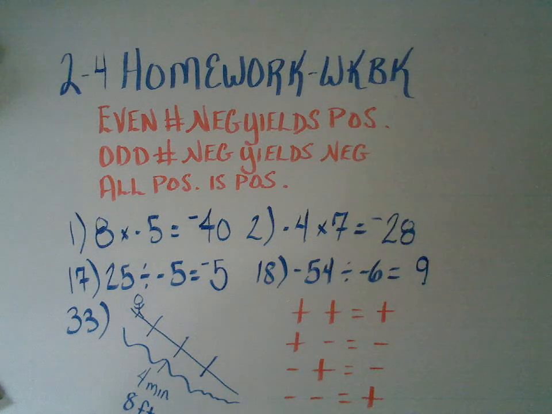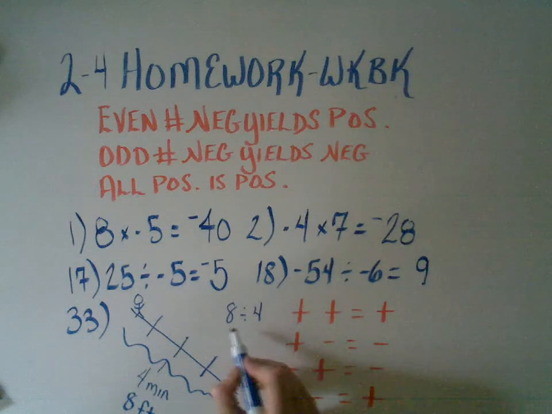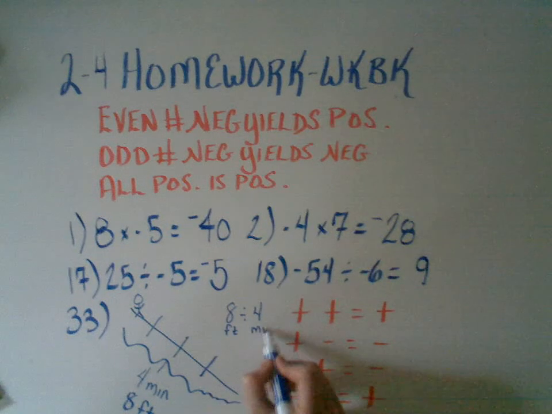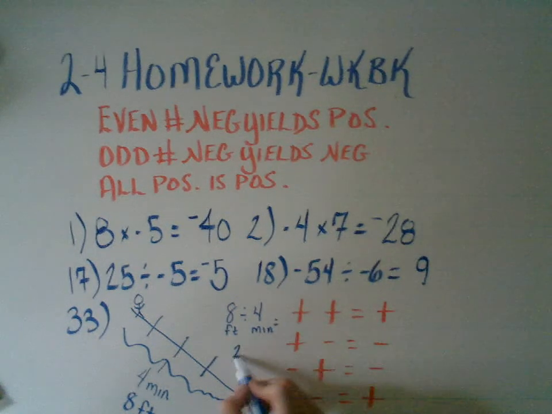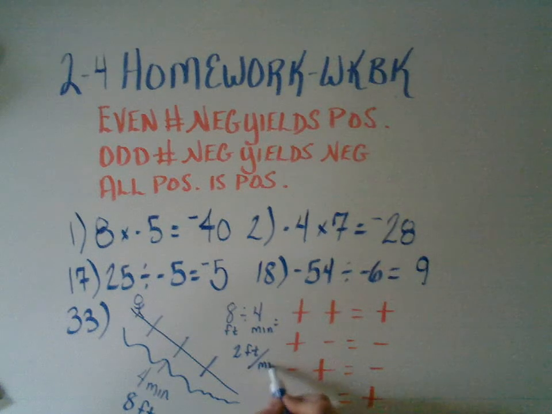She's going down the same amount each time. Well, if it took her 8 feet, what did we have to do? Well, we'd have to do 8 divided by 4. The 8 feet divided by the 4 minutes would yield a result of 2 feet per minute.